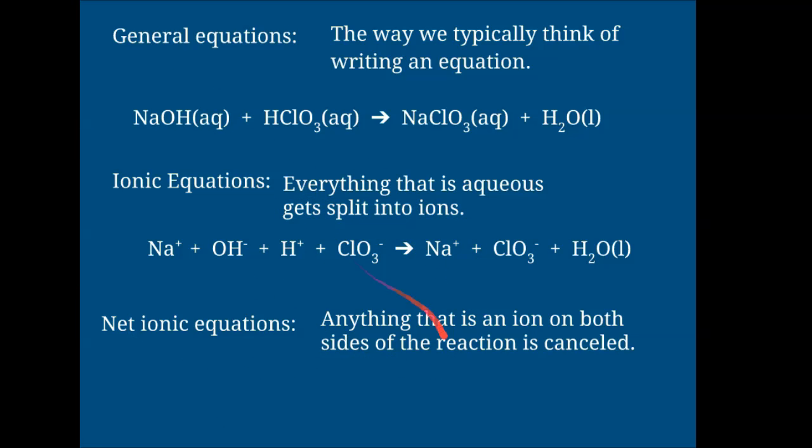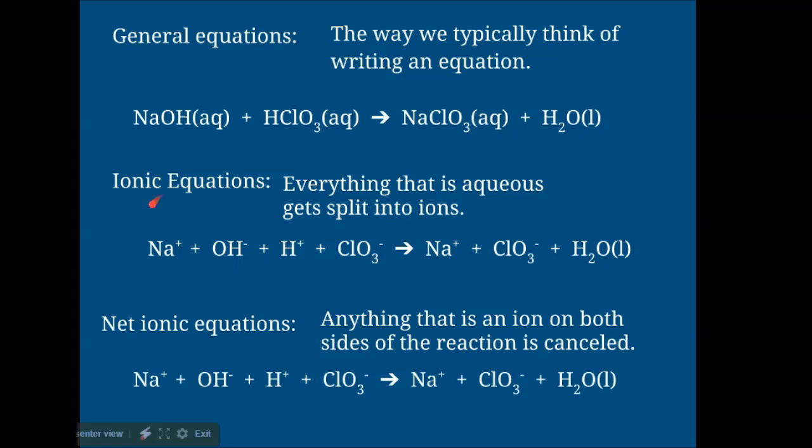And then we would copy this down to here, and sodium is an ion on both sides, so gone. Chlorate is an ion on both sides, so cancels. And so we're left with our net ionic equation. Hydroxide ion plus hydrogen ion yields liquid water.